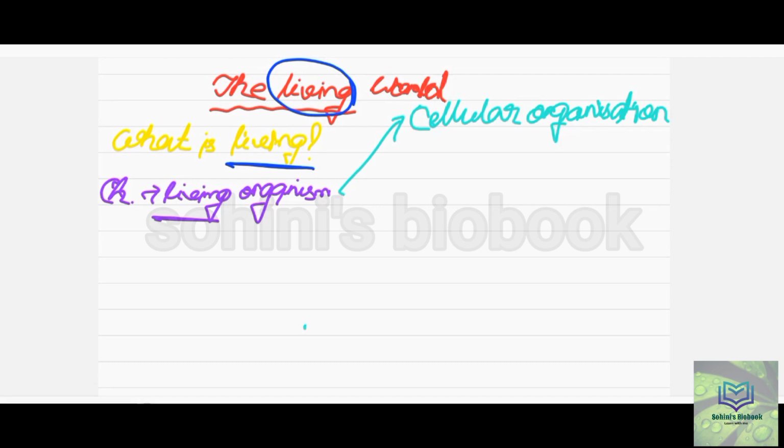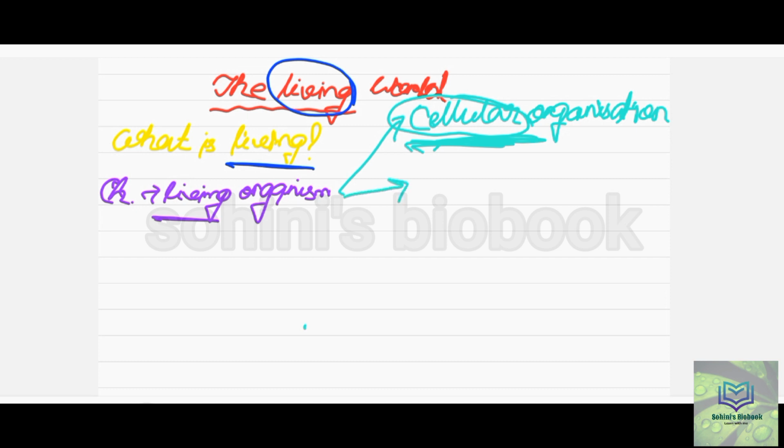So if an organism is in a living state, there must be cells present that are regulating the activity of the living entity. So cellular organization is a must for living organisms. They may be unicellular also, but there must be some sort of cellular nature. So this is another important characteristic.